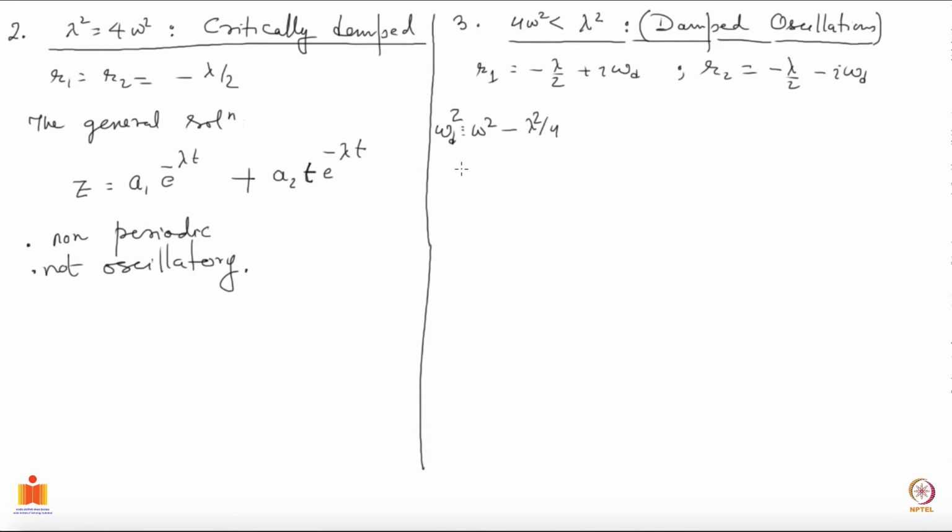You take the z to be C1, some constant, e to the i omega d t. So I have put this piece, and e to the minus lambda over 2 t I will keep outside as a factor.